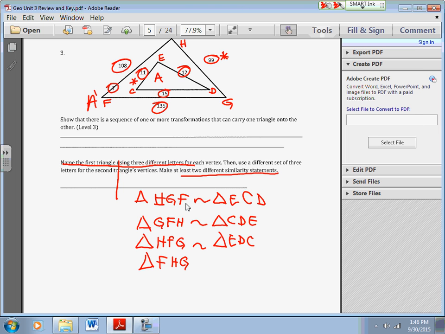If FHG, that would be similar to what triangle? DEC. So any one of those is fine.